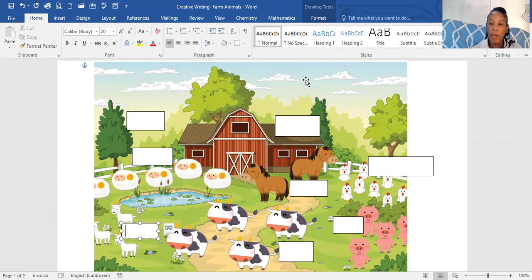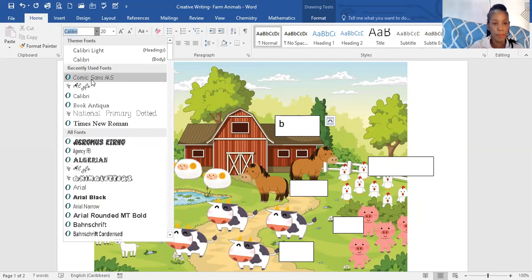Let's start with what we have in the middle that is familiar to what we did last week or something that's the same. We saw a barn last week. This, where my pointer is pointing, is called a barn. Let's write the word barn. B. Now let's just change the letters a little bit.